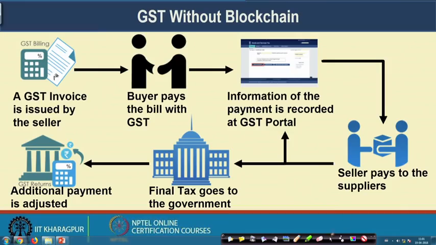Now, as you see, in this entire process multiple parties are involved, and as I was continuously trying to convince you, this blockchain platform is very useful whenever you have multiple authoritative domains or multiple parties who inherently do not have a trust relationship, but want to come to a common platform.